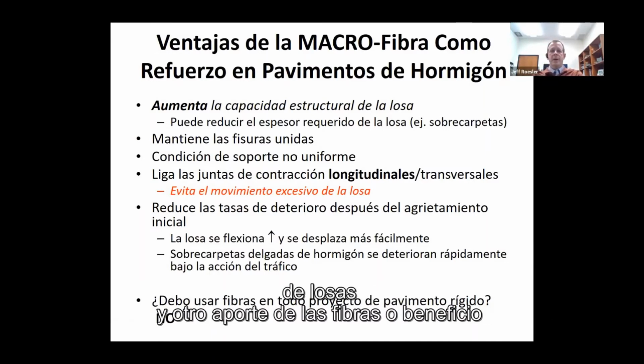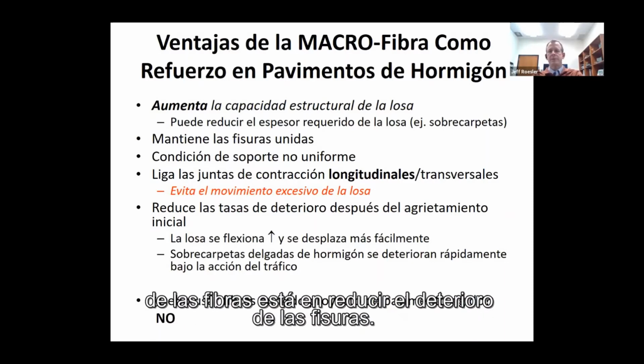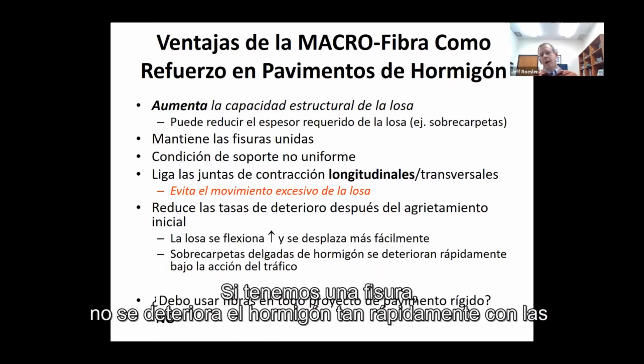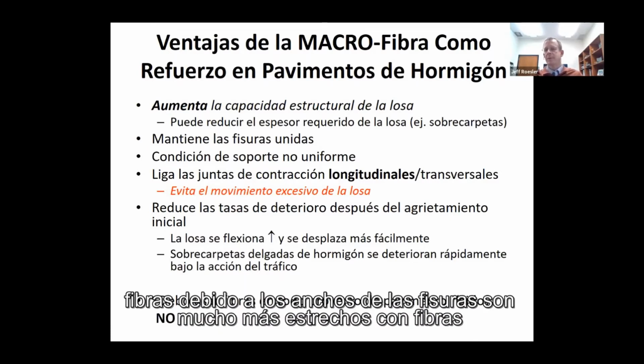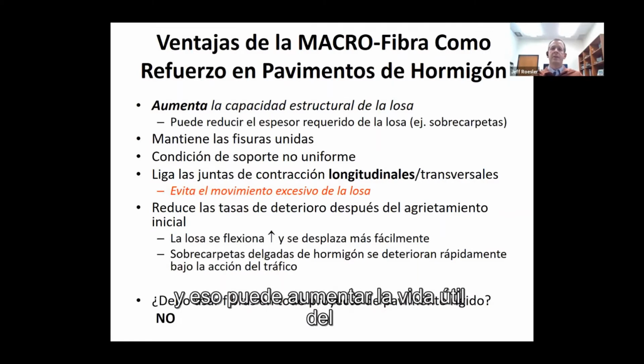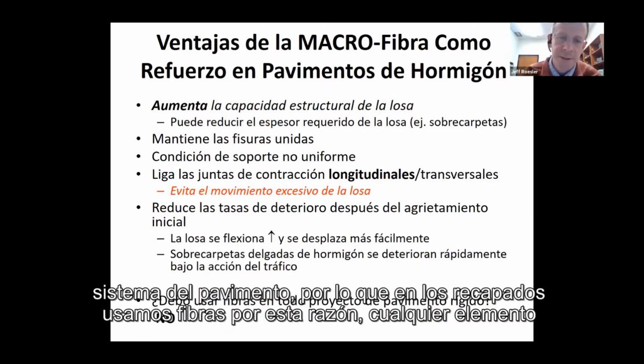Another benefit of fibers is reducing the deterioration of cracks. If we do get a crack, it does not deteriorate as rapidly with fibers because the crack widths are much tighter, and that can increase the service life of your pavement system.